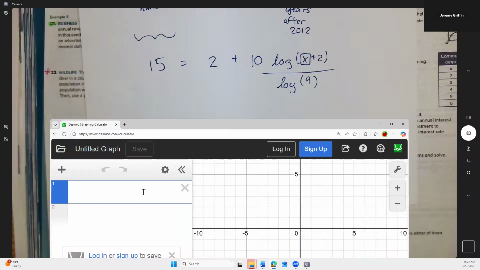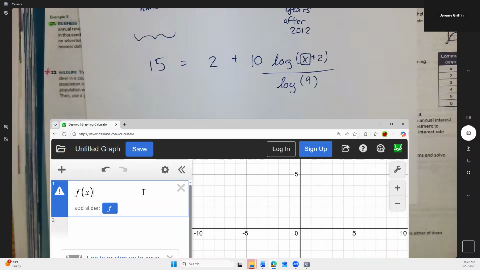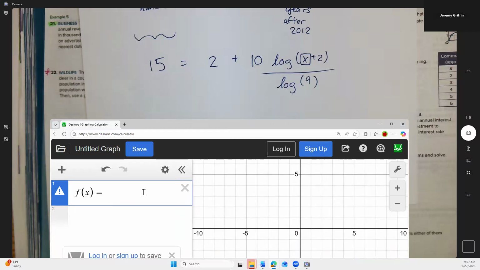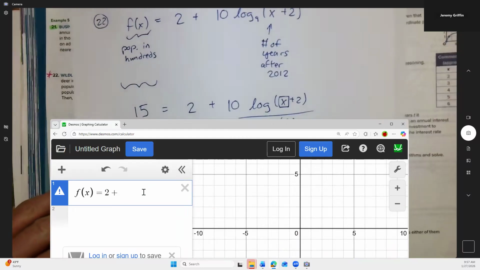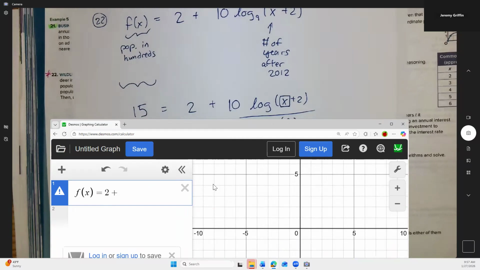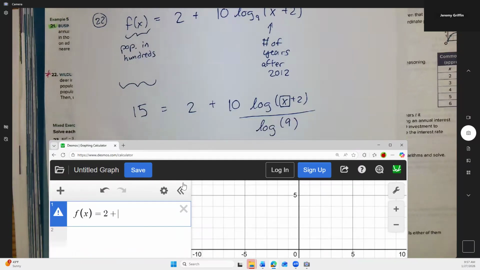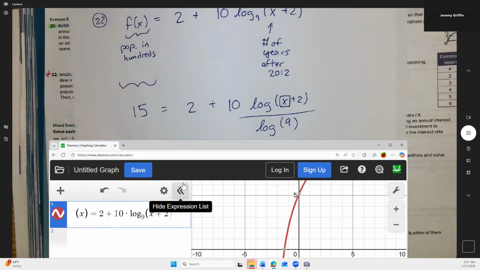All right, so let's do f of x equals 2 plus 10 times log. If you do underscore, you can get a base on the log. So let's do base 9. And then x plus 2.